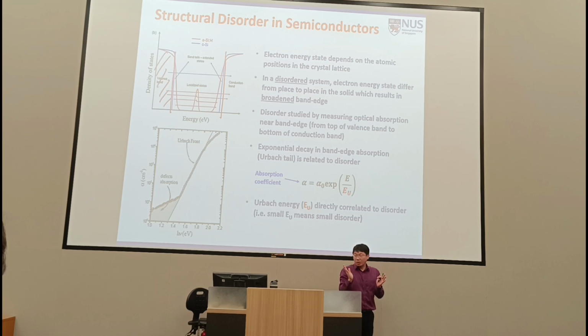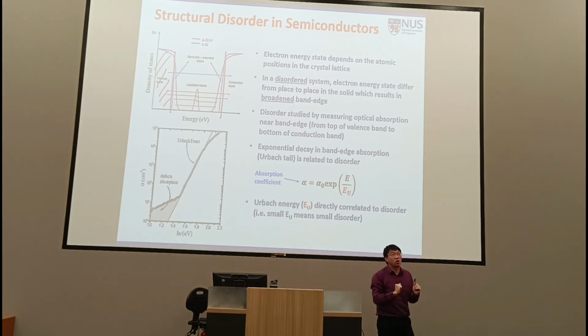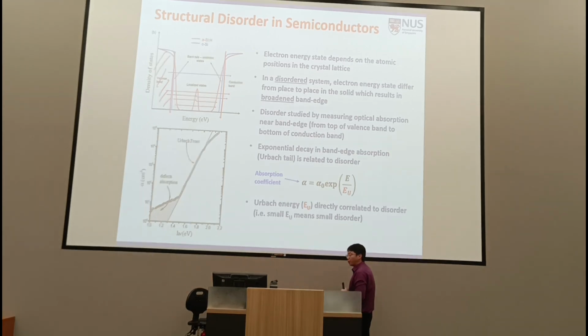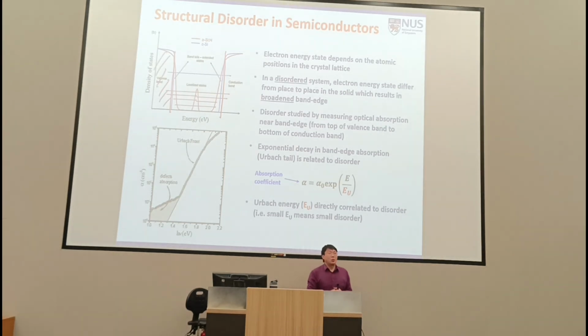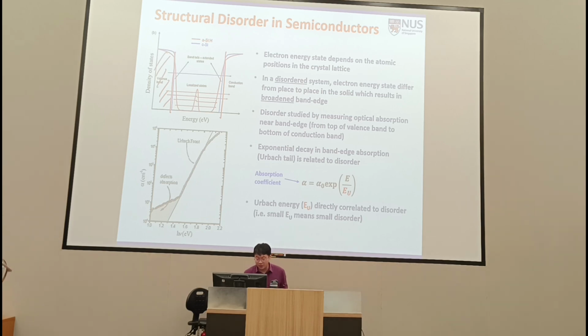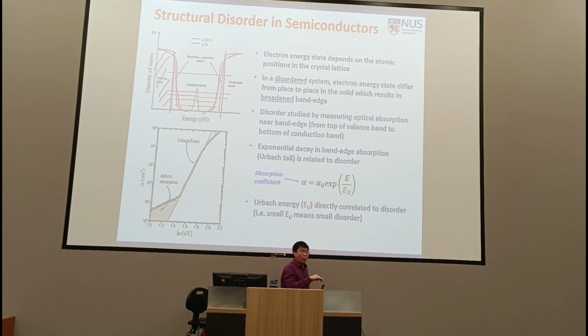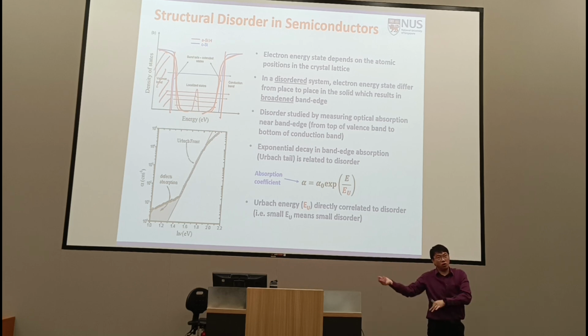It's a very sharp transition from valence band to an empty band gap, and then another sharp transition to the conduction band. But when you have a very disordered system, then you would see this red line here, where the transition is not so clear. It's a very gradual transition, from conduction band to band gap, and from valence band to band gap.